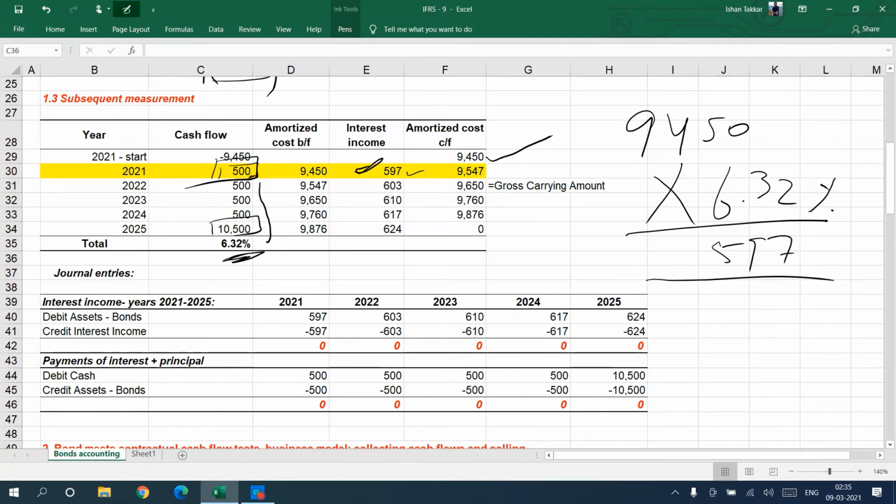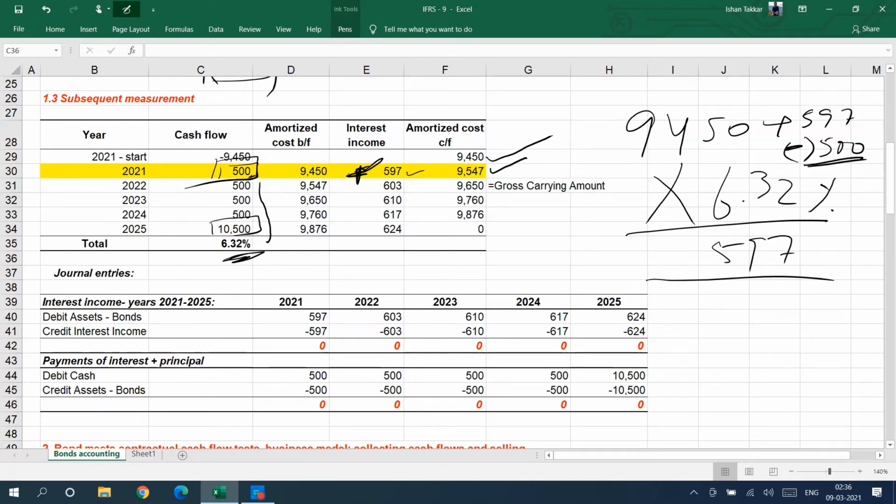So you will increase the value of the bond by 597. You have a bond for 9450 and you have earned 597 of interest, minus the 500 you got as a coupon, so the value of the bond will be 9547 at the end of one year.